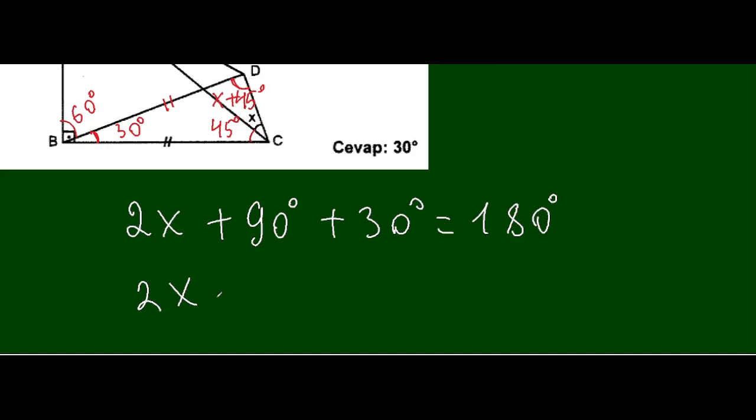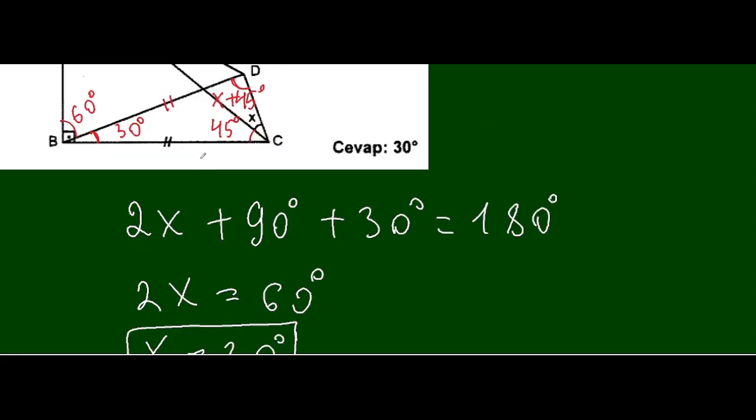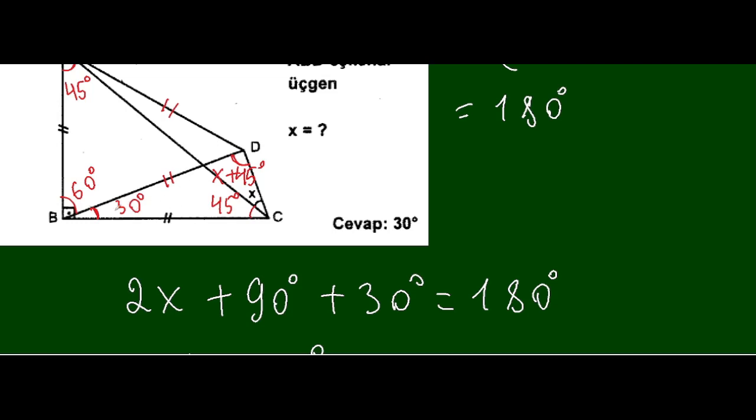And 2x will give us 60 degrees. Here x will equal 30 degrees. It may not be the easiest solution, but it is the standard solution, I guess.